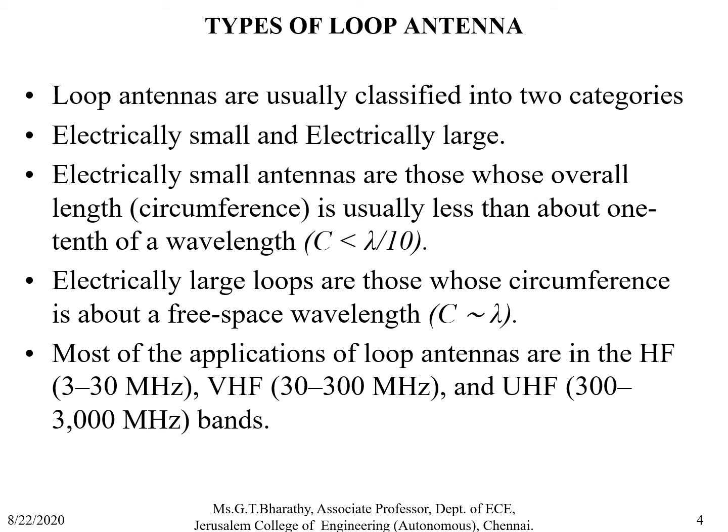If the circumference is approximately equal to the free space wavelength lambda, then the antenna is called an electrically large loop antenna. Most applications of loop antennas are in three main frequency bands: high frequency, ranging from 3 to 30 megahertz, very high frequency, ranging from 30 to 300 megahertz, and ultra high frequency, which ranges from 300 to 3000 megahertz.